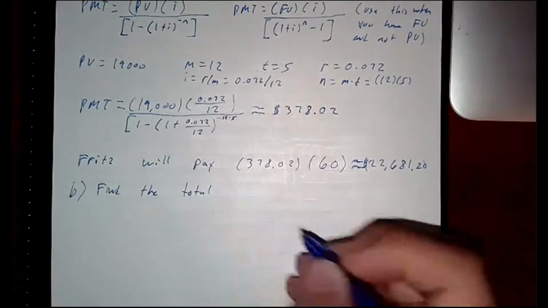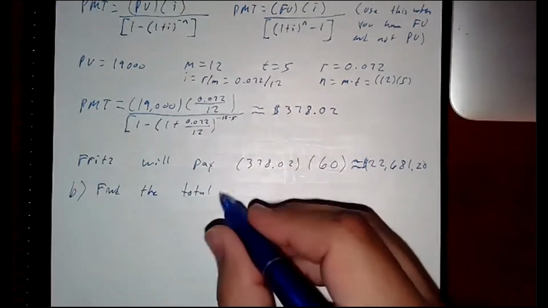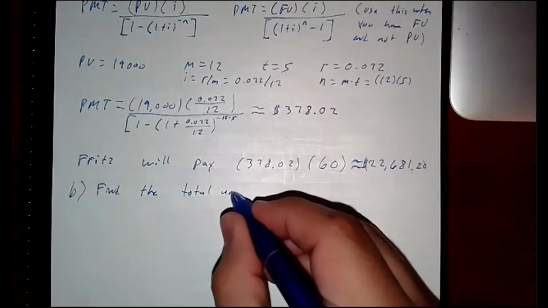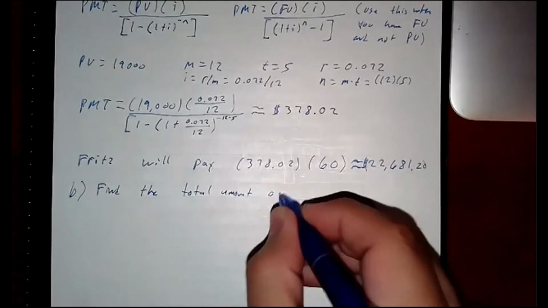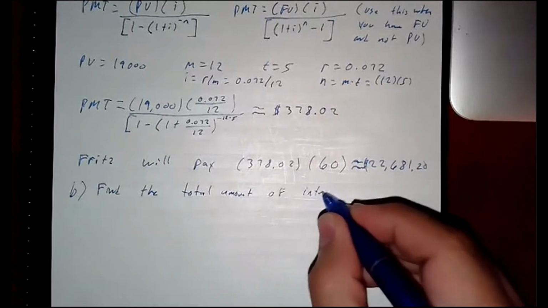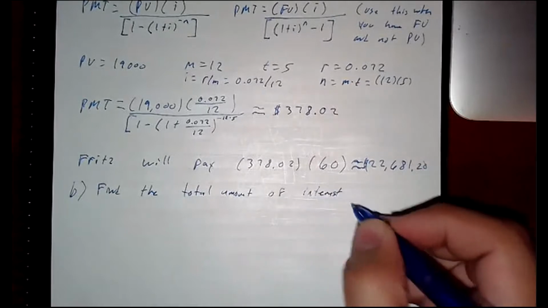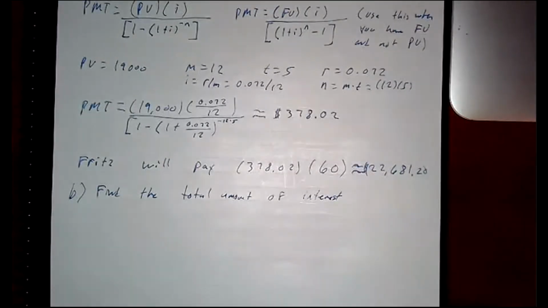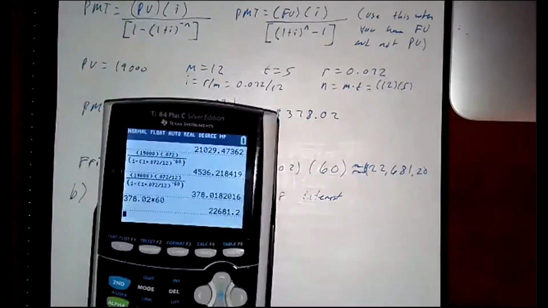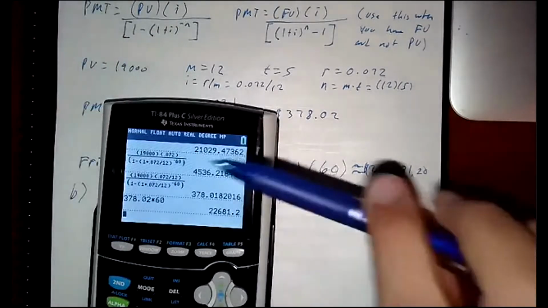Before we do part B, are there any questions on A? If you still have it, can you show how you put that in the calculator? Because I tried it twice and it gave me something different. Let's see.